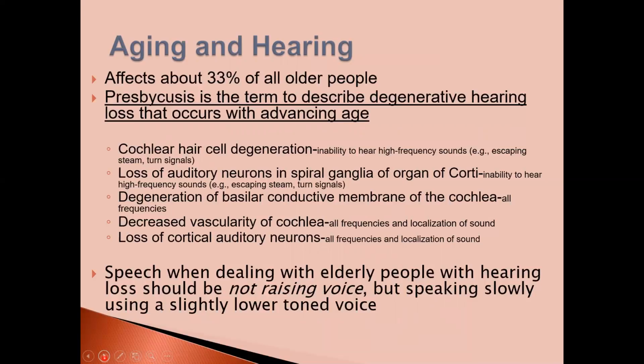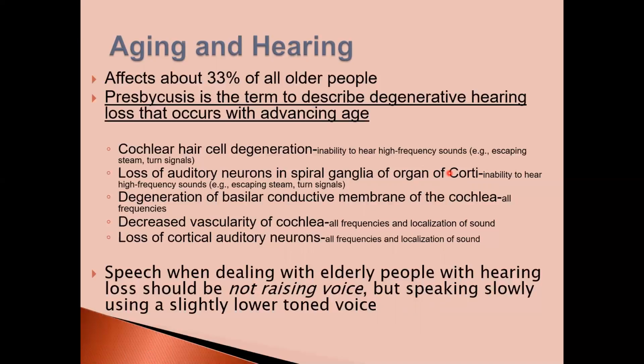And there's a few reasons, that you don't necessarily have to memorize, other than knowing that there's cochlear hair cell degeneration, an inability to hear high frequency sounds, like escaping steam, turn signals, things like that. And then there's loss of auditory neurons in the spiral ganglia, that we talked about a couple of slides ago. That causes the inability to hear high frequency sounds as well.